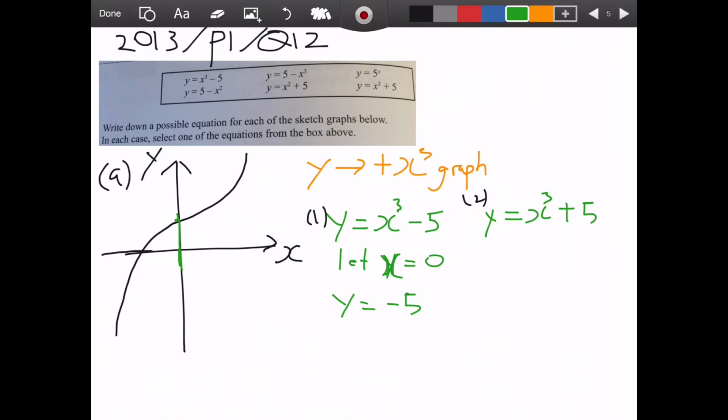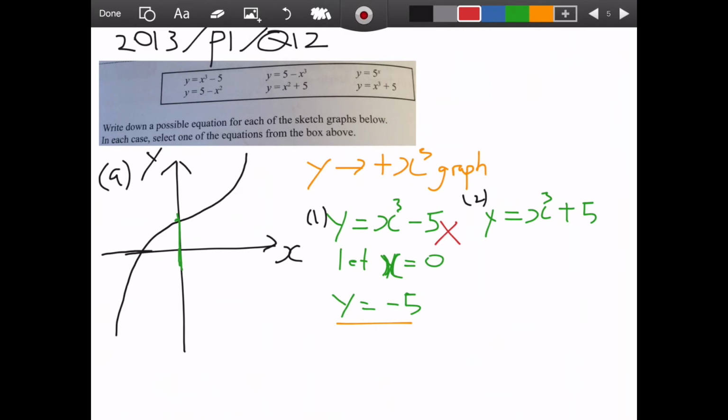But by looking at this equation, we see that y is minus 5. So the equation doesn't fit, because it doesn't follow the pattern. So let's put a cancel over here, meaning it's wrong.